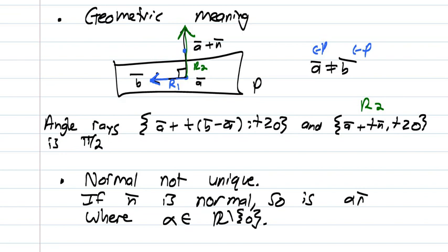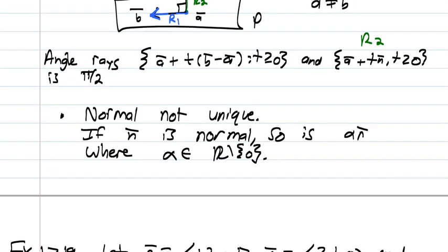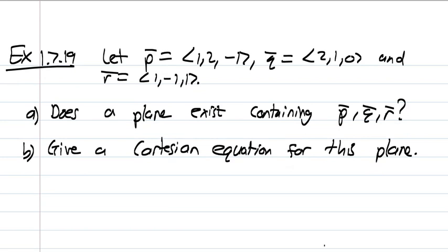All that you need to know is that if n is a normal vector, then alpha times n, where alpha is a non-zero scalar, is also a normal vector. And in this way, you can find all normals. So you just take a normal and you multiply it with a non-zero scalar and you find another normal. Alright, let's do some examples to see this in action.